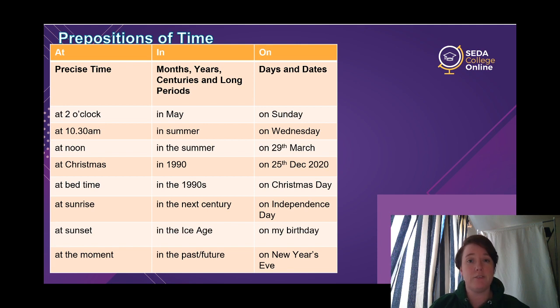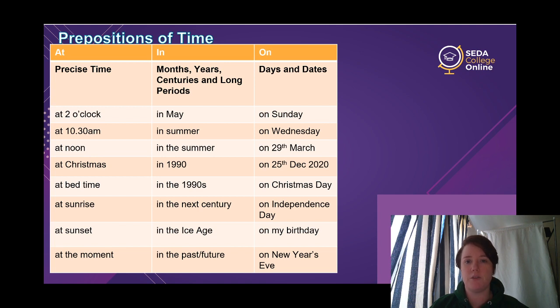In 1990 for years, in 1980, in 2000, in 2010. In the 1990s, so there we're talking about decades. In the 1980s, all of these we use in. In the next century. In the Ice Age, that's long periods, and in the past and in the future we use for that.